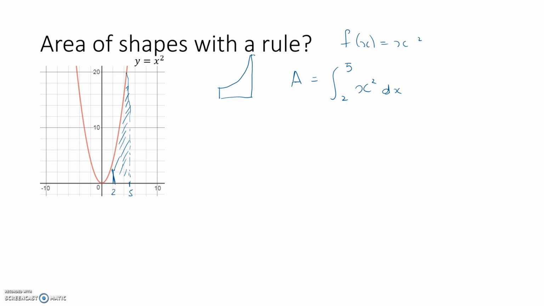The rule from this stage says we add 1 to the power, so that becomes 3. We divide by the new power, and then we sub in 5, and we sub in 2, and we subtract. So all we have to do is sub in 3, sub in 2, subtract, and we get the answer.